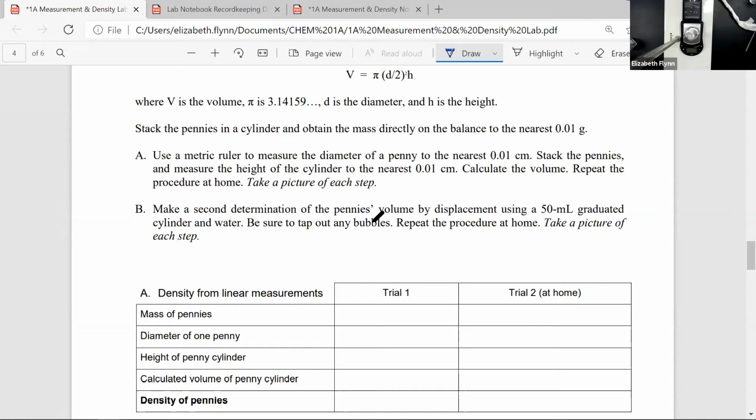We're going to add the pennies to that water and then record the volume again and subtract in order to determine the volume of just the pennies. And I'll show you how to do that, okay? Again, don't forget to take a picture of each. You don't have to take a picture of each step. You can just take a picture of this part.